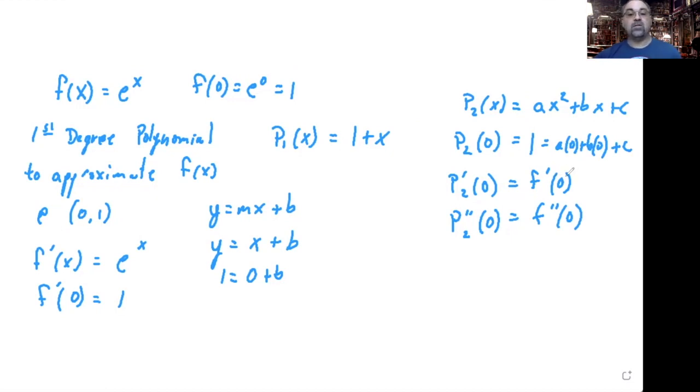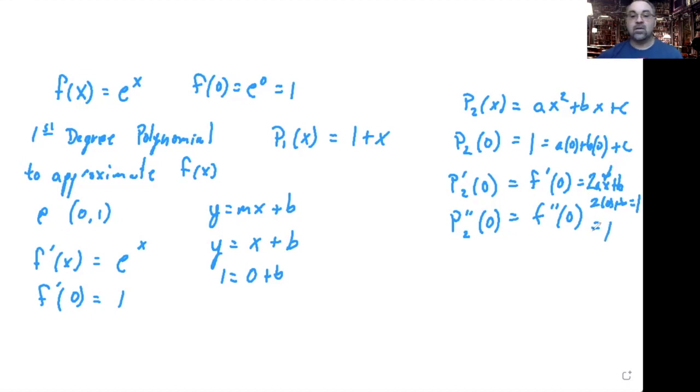P2's derivative would be 2ax plus b, right? Put in the 0 here and you get 2 times 0 plus b equals 1, so b is equal to 1.